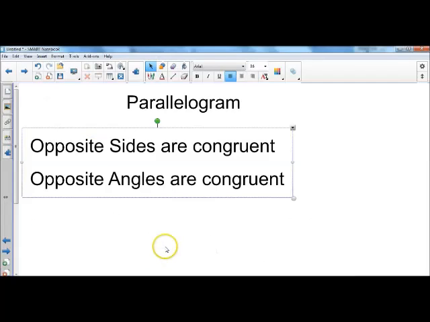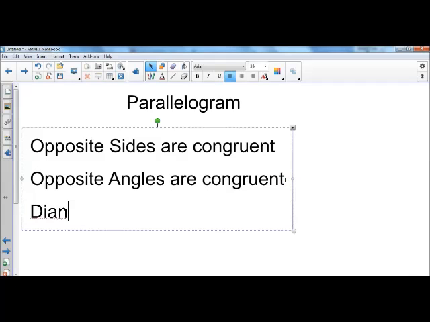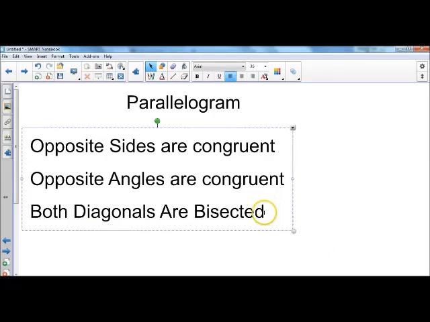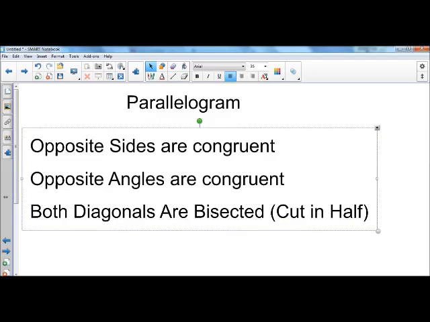Okay, so that's going to be another property that we're going to talk about here: the diagonals are bisected. Both of them are. So we should write here both diagonals are bisected, cut in half, and we'll just make sure we understand that, right?